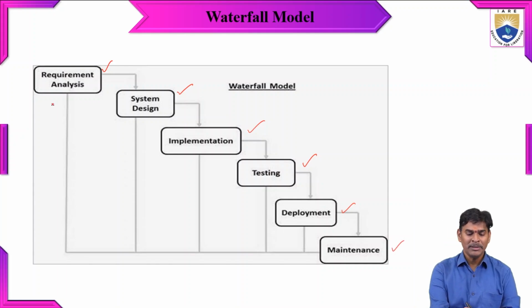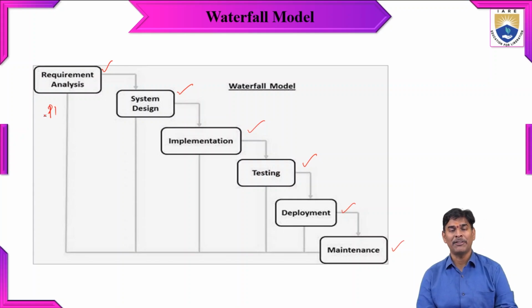In the first phase of the waterfall model, requirement analysis, the stakeholder will come with the problem statement and discuss it with the project manager. After that discussion, the project manager will sit with a group of team members and experts. They are going to discuss, first using the business use case.